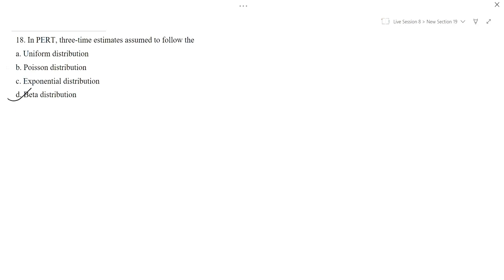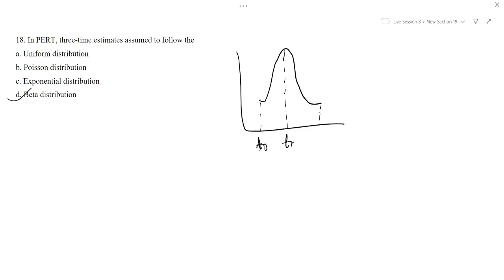PERT follows the beta distribution. This is T naught, Tn, Tp, probability, the beta distribution.